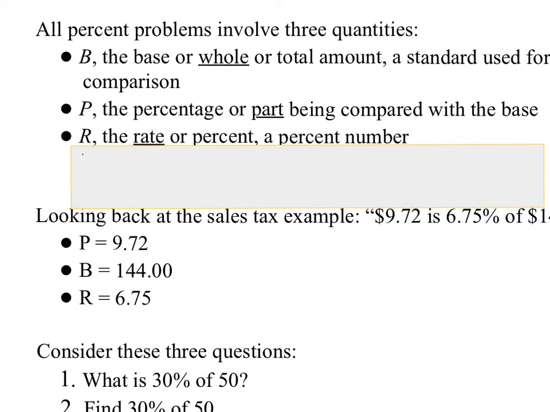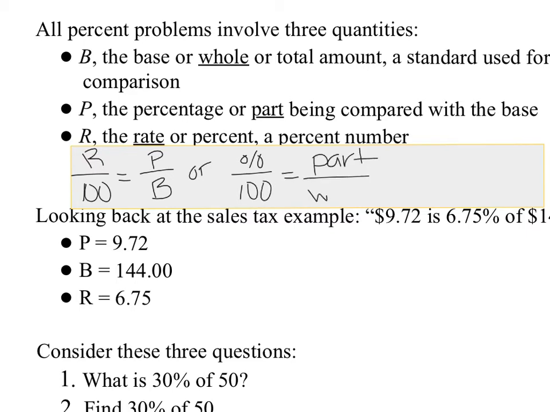You could have R over 100 equals P over B, or I like to use percent over 100 equals part over whole.